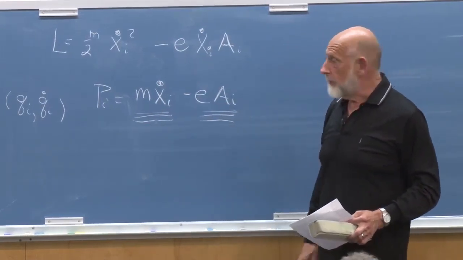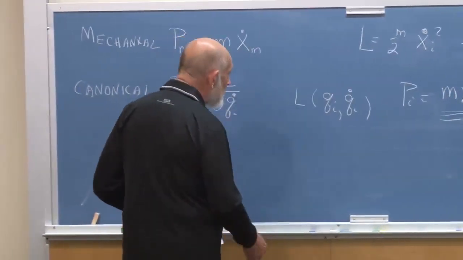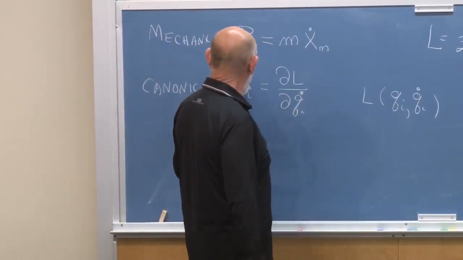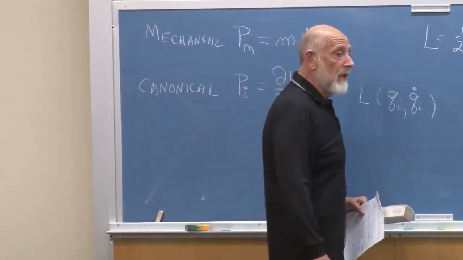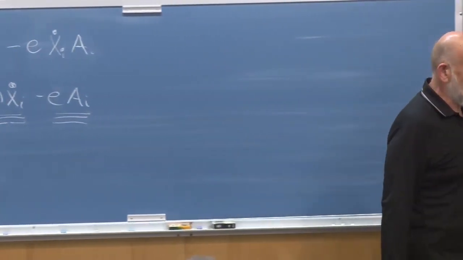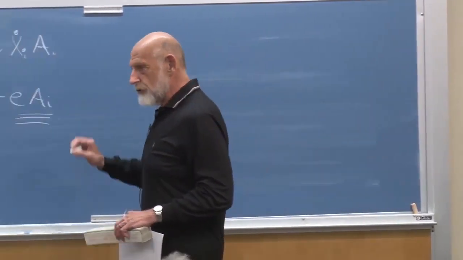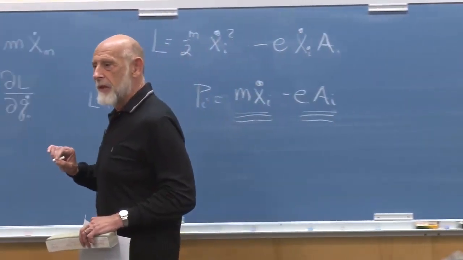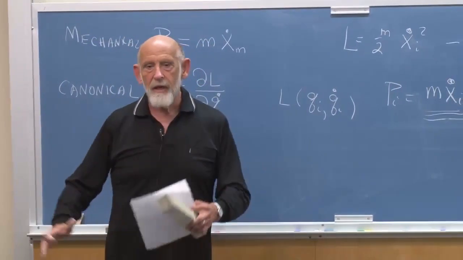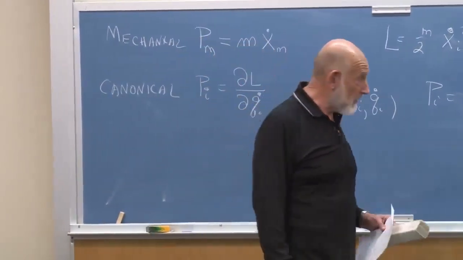The last notion of momentum, which in some cases agrees with the mechanical momentum or the canonical momentum, sometimes it does, sometimes it doesn't, is the quantity which is conserved by virtue of Noether's theorem if the physical setup is translation invariant with respect to translations of space.